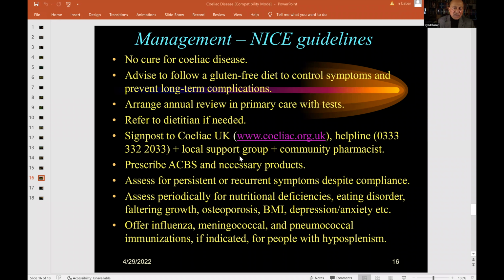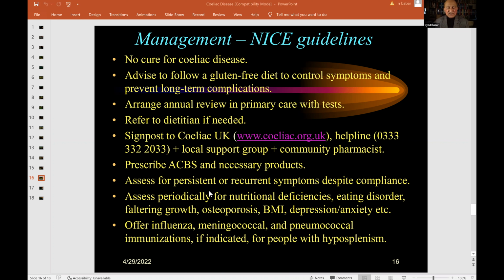In addition to local support group, and also advice sought from community pharmacists in what food items are safe. The Advisory Committee on Borderline Substances has approved of certain products which can be NHS prescribed. We'll mention of it in a little while.